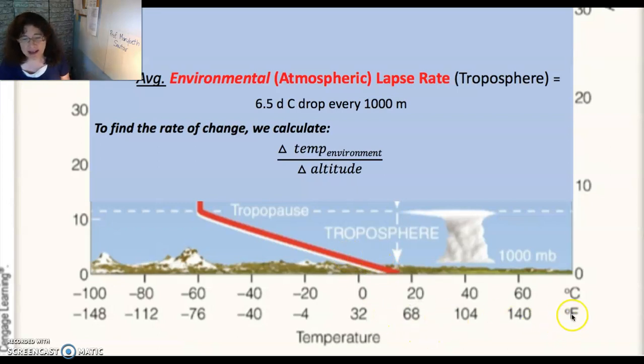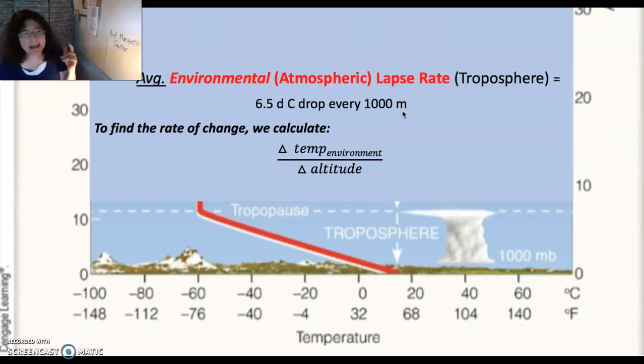So what we have here is the Fahrenheit chart for you to refer to and the Celsius chart, but we are looking at the Celsius, the metric lapse rate. That is the average lapse rate all the way around the world, equator to poles and everywhere in between.